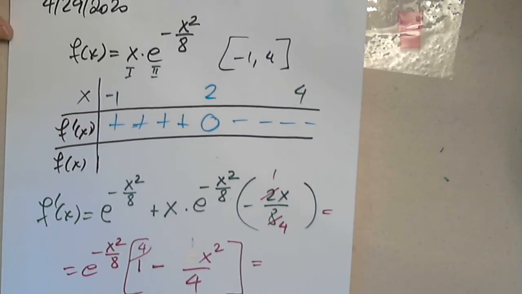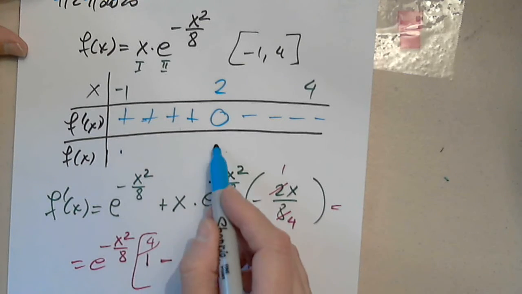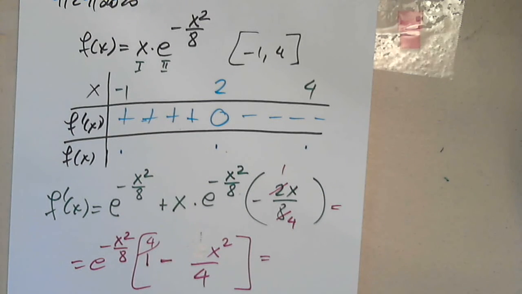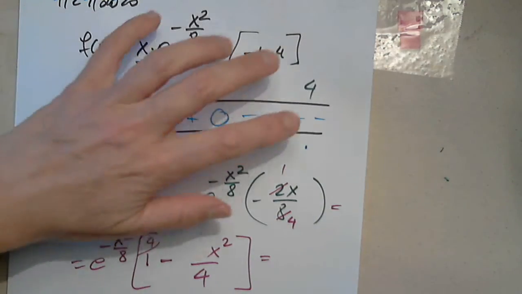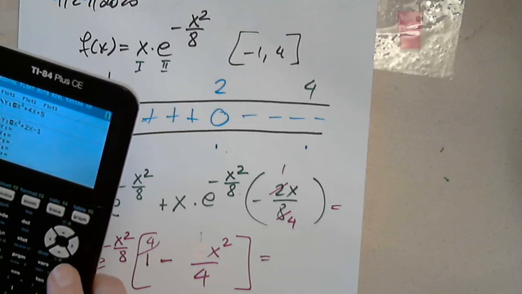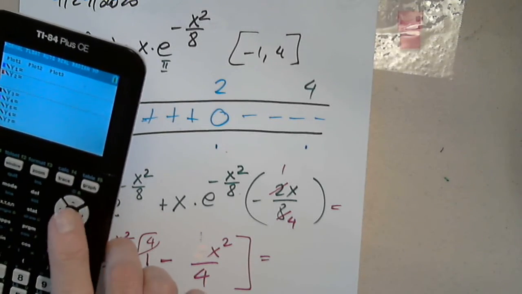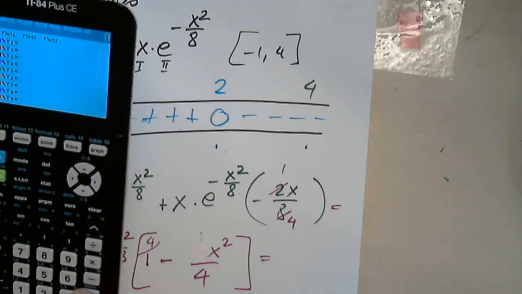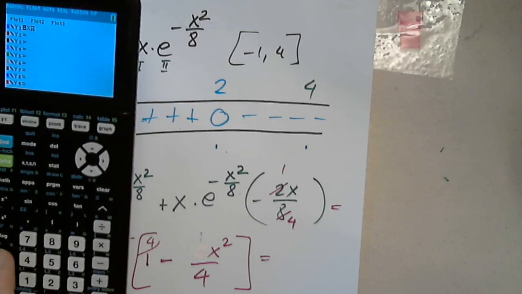At this point, I'm almost finished with the problem, but I need to determine the function values at -1, at 2, and at 4. So with a calculator, in y equals, clear whatever you have if you have something else. Then plug in x and e.